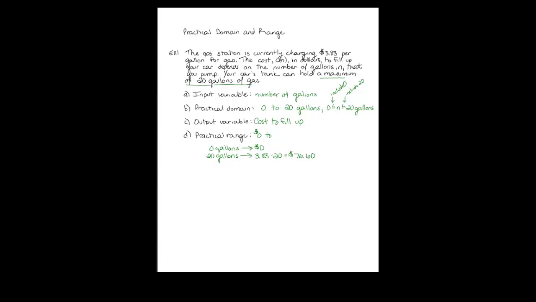So the practical range will be everything from $0 to $76.60. Writing this as an inequality, C of n is everything between and including 0 and $76.60.